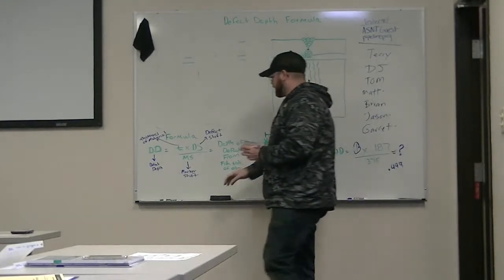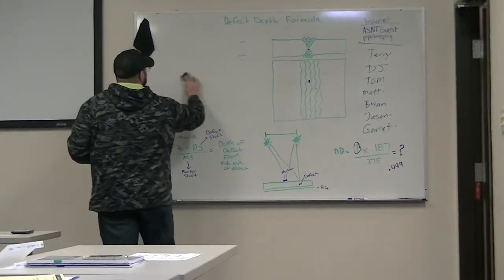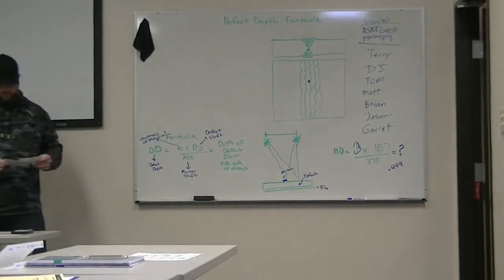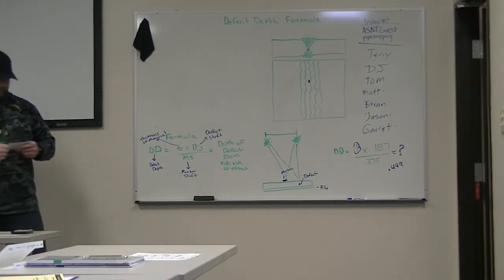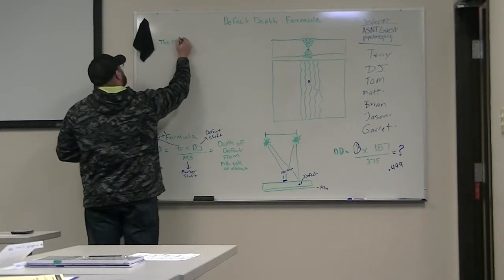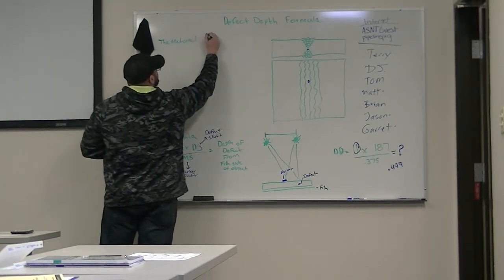If you just give me a second, I'm going to write down the second example problem, and then I'll give you guys about 2 or 3 minutes to figure it out. The material is going to be 2 inches thick.